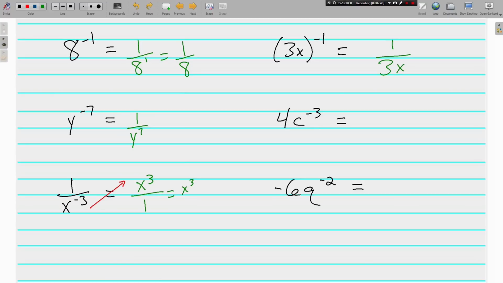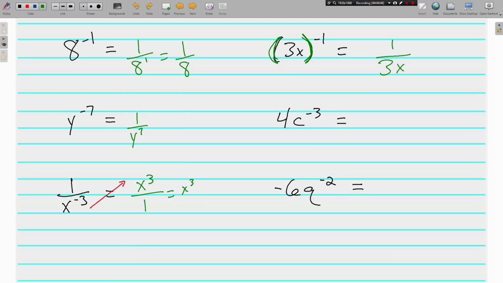Here we have 4 times c to the negative third. Notice the difference between 4c to the negative third and 3x to the negative first. The 3x, that whole thing was to the negative first. It was in the parentheses. That's why I sent the 3 and the x to the denominator.